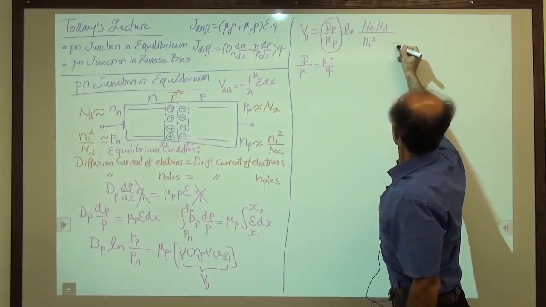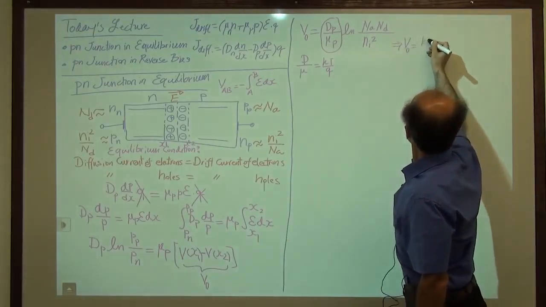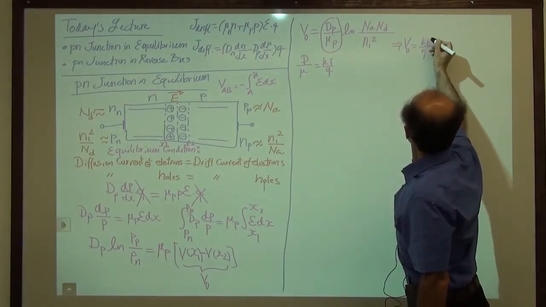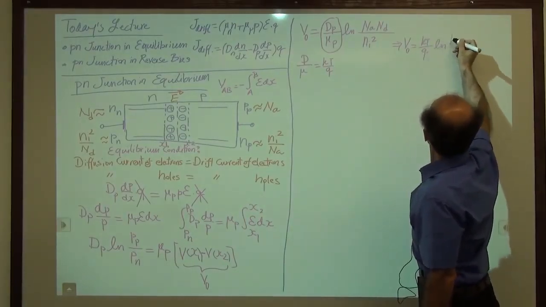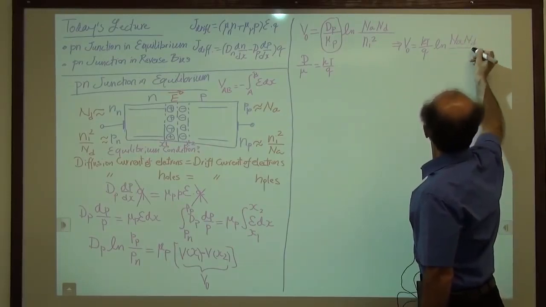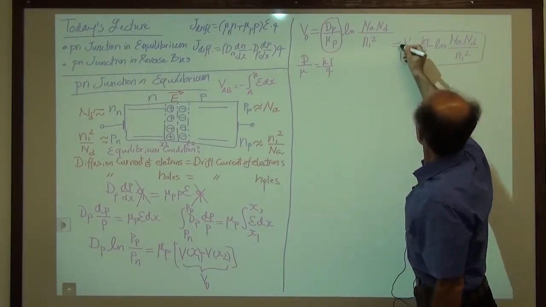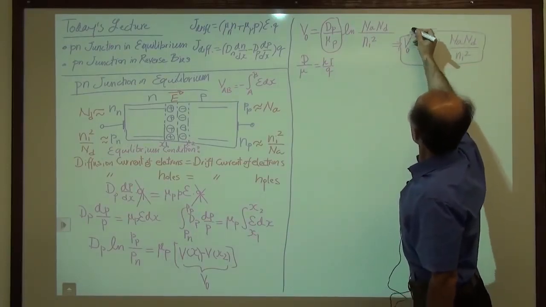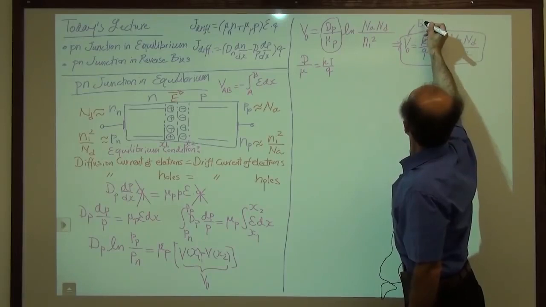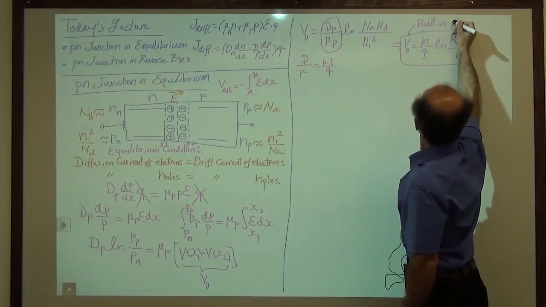That means that I can write v0 as kt over q log of na and d over ni squared. This voltage is called the built-in potential or built-in voltage.